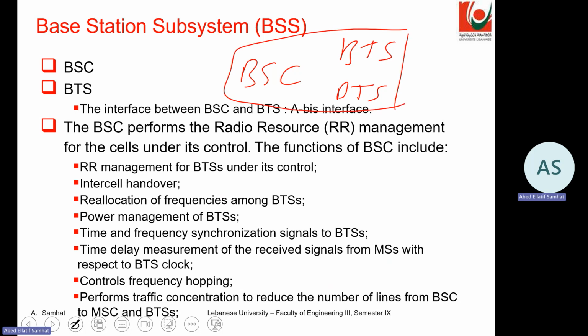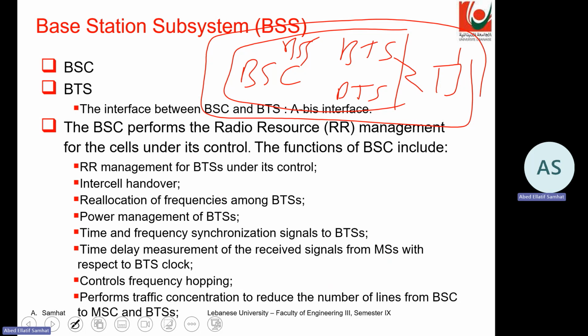Together, we call them the base station subsystem. The base station subsystem with the mobile user and the radio interface, we call them the radio subsystem in GSM. So the base station controller performs all parts related to radio resource management.